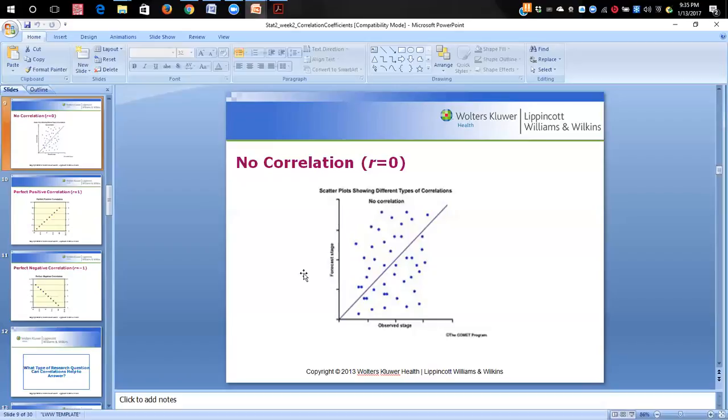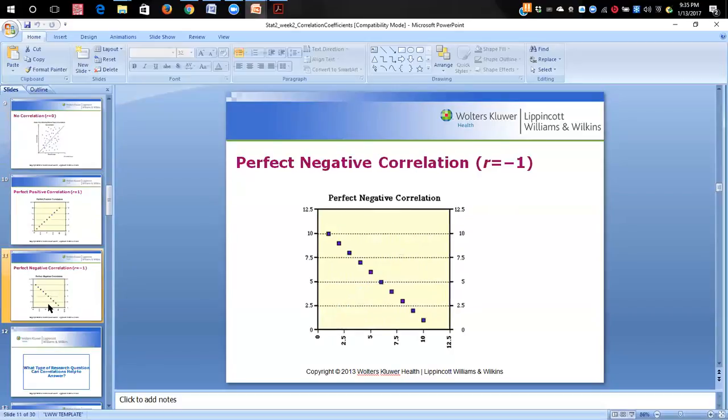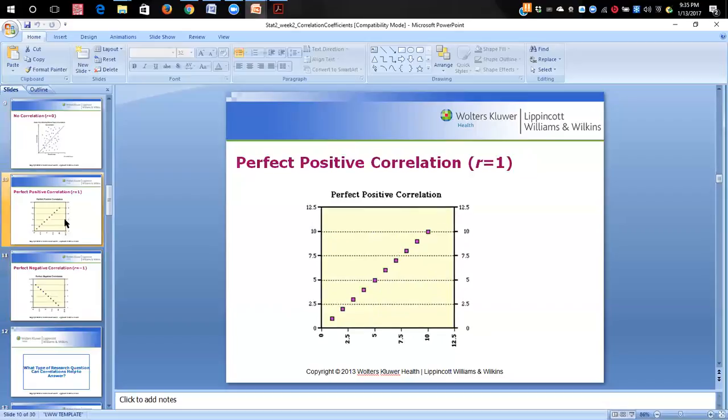Okay, so the next slide shows that if your observations are grouped or pulling towards the line, then as the independent variable increases, the dependent variable also increases. So that's perfect positive correlation of these two variables. And here, the negative correlation is exactly the opposite visualization of that line.